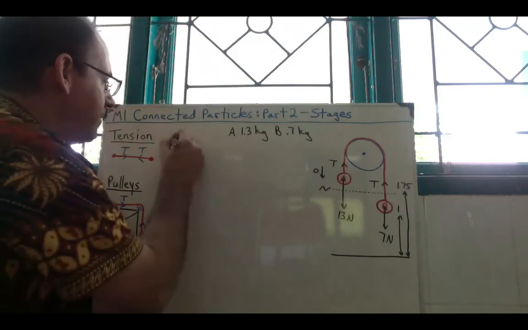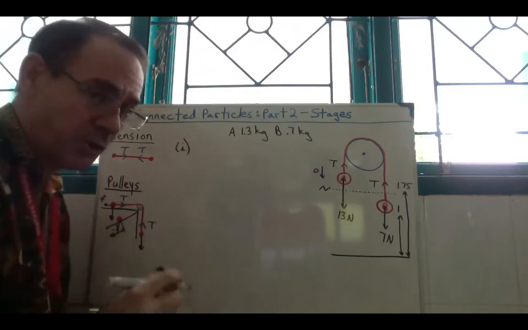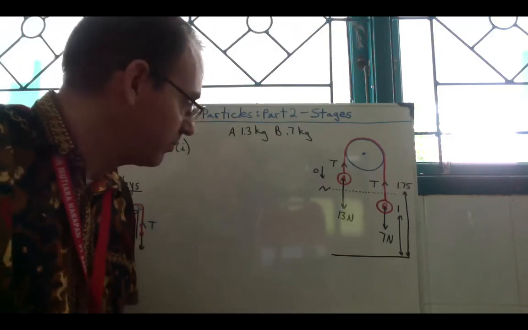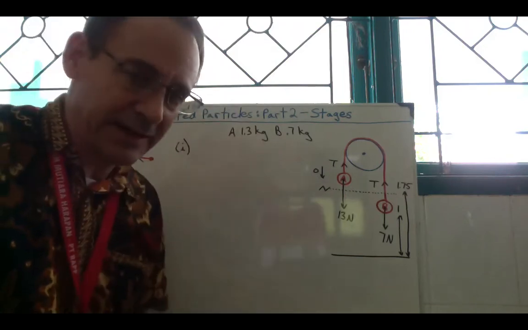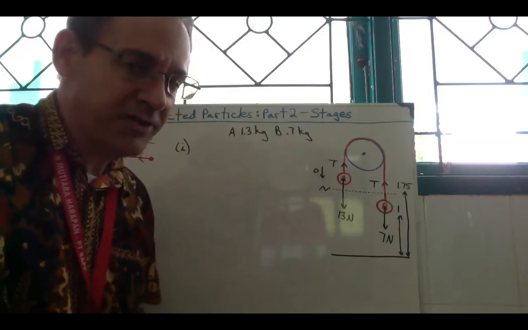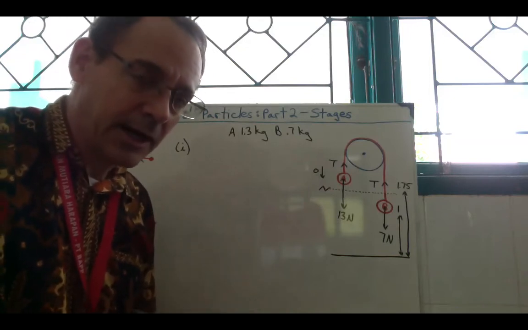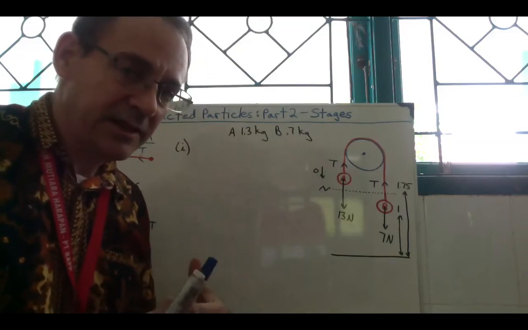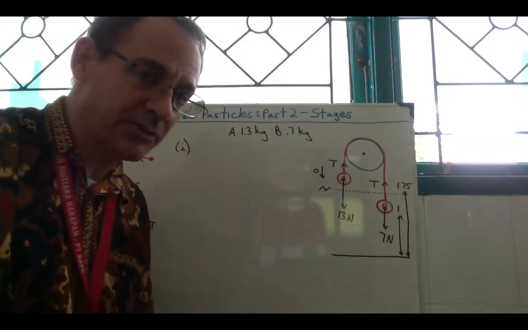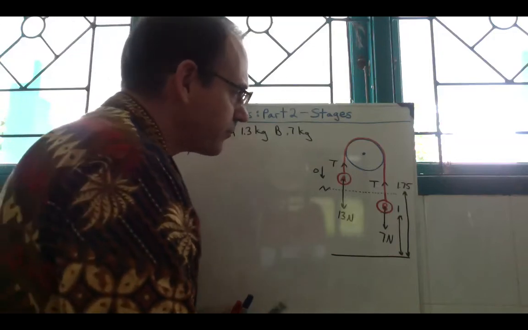So in part 1, they want us to show that the acceleration is 3 meters per second squared, and also find the value of the tension. So again, we're going to do this by using our net force, and Newton's second law, force equals mass times acceleration.